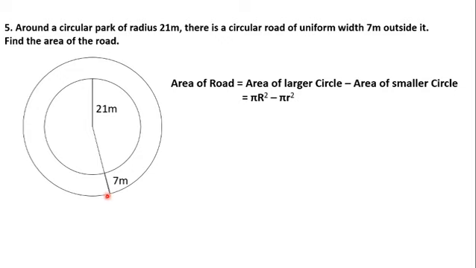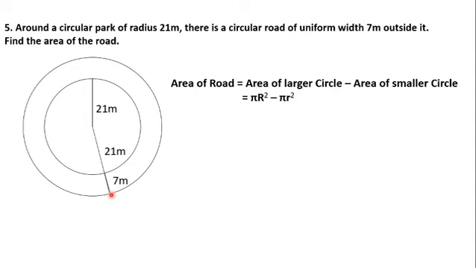Obviously for the smaller circle we have a radius of 21 meters, and we know that the radii are equal in any direction that they are pointed. So it means that this radius here for the smaller circle will also be 21 meters. And if that is so, it implies that the radius of the larger circle will be 21 meters plus 7 meters, which will give us 28 meters, because it's just a continuation of that.